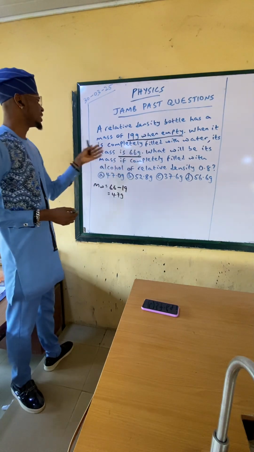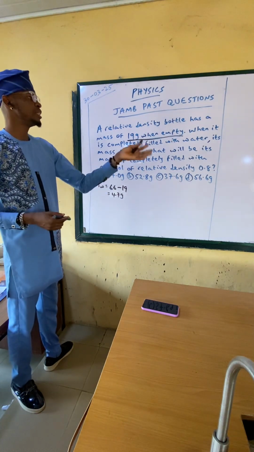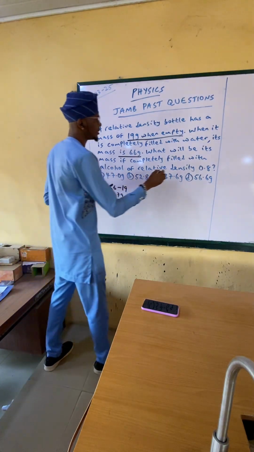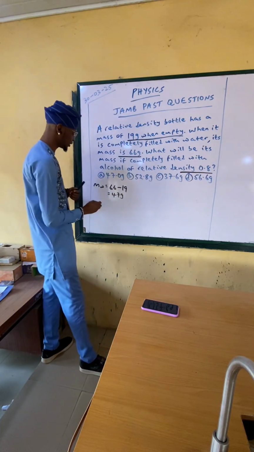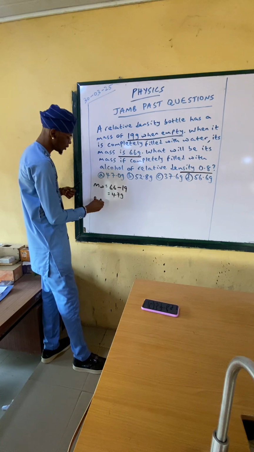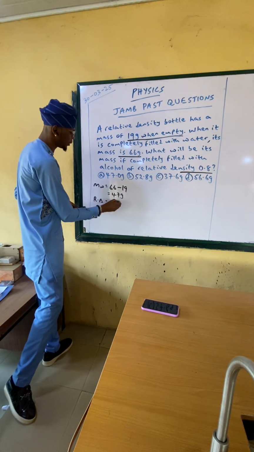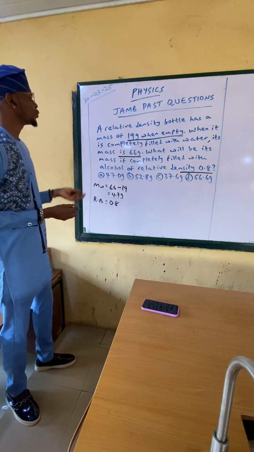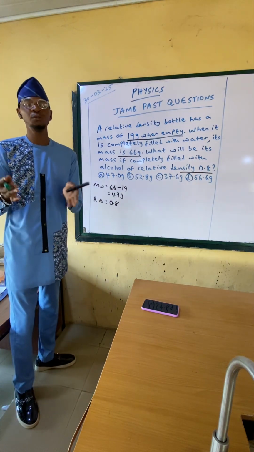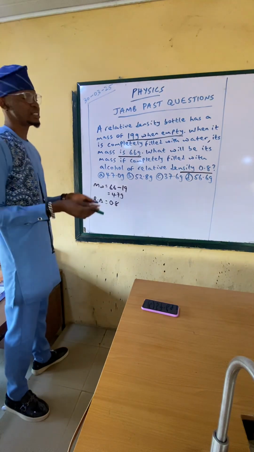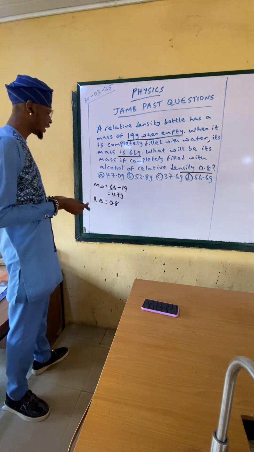What will be its mass if completely filled with alcohol of relative density 0.8? The relative density of alcohol is 0.8. We are now to find the mass of the relative density bottle when it is filled with alcohol.